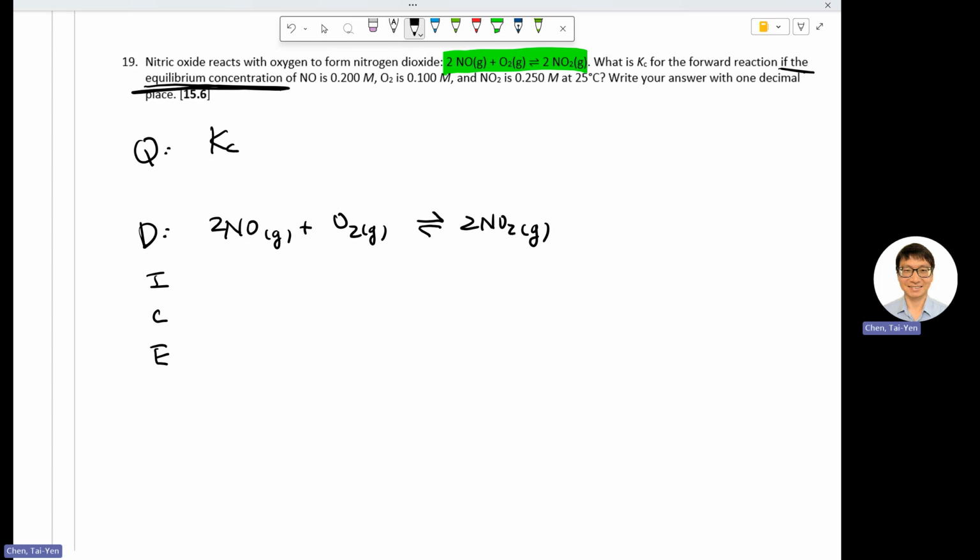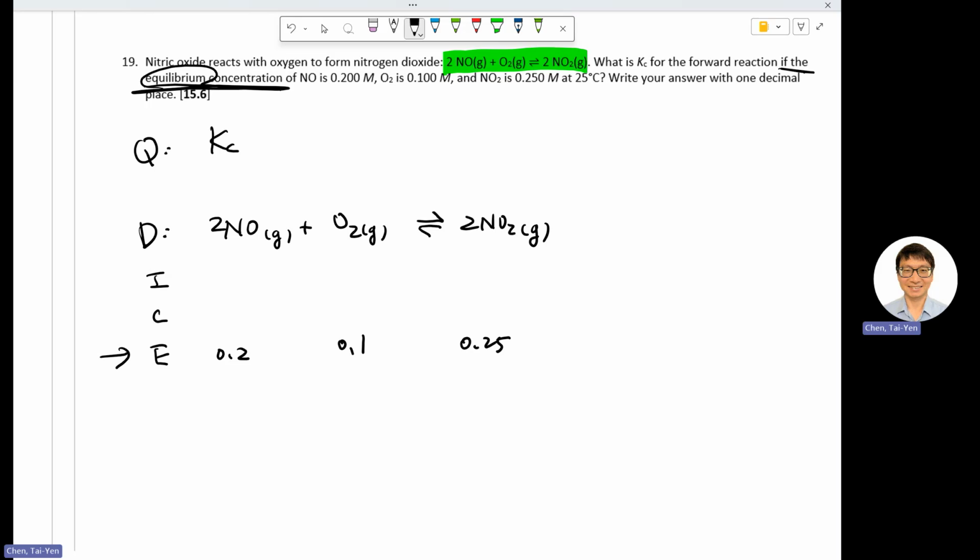Which row should you actually put these in? E, right? Because it says the equilibrium concentration, meaning you should put the values here. So that is 0.2, 0.1, and 0.25.